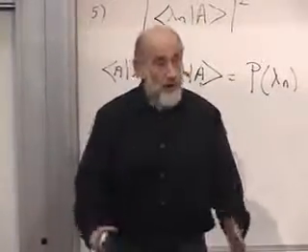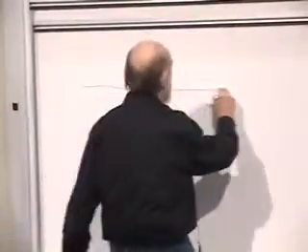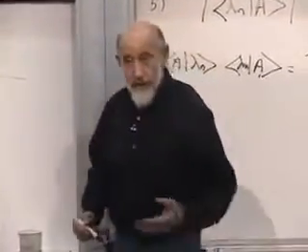Let's jump right now to the motion of a particle on a line. Supposing our system consists of a particle in one dimension. The particle can be anywhere on a line. It can move on a line. Classically, we would just describe this by a particle with a coordinate x, which could depend on time.